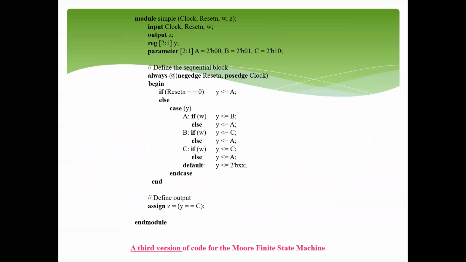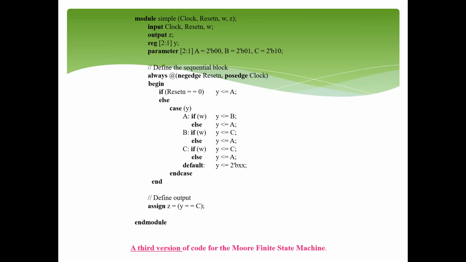Now, a third way to do it is to completely ignore, not completely ignore, I mean, you can just write it right away in one sequential logic block where you assign the values of capital Y. Actually, you don't need capital Y here.